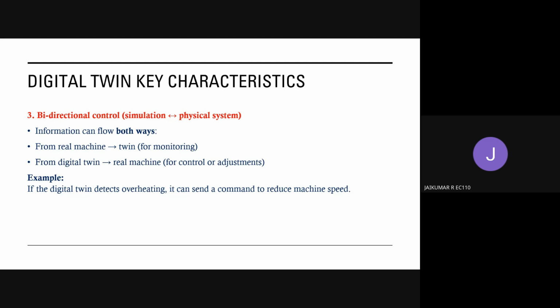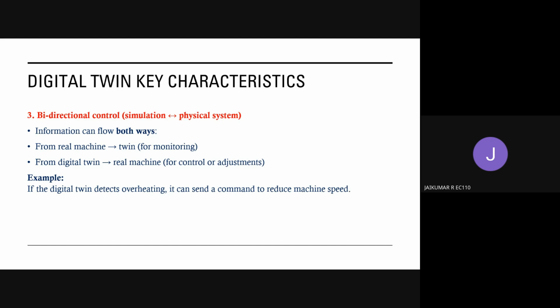And that is for control purposes. Once we set our expectation, the digital twin takes the decision, and from the digital twin we give the control signal to the real machine to make the adjustment to meet our expectation.